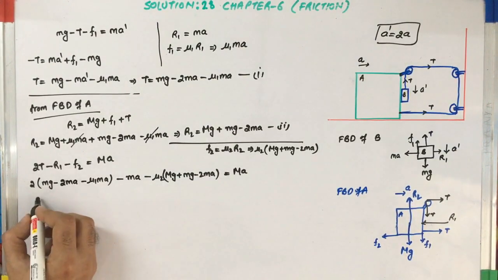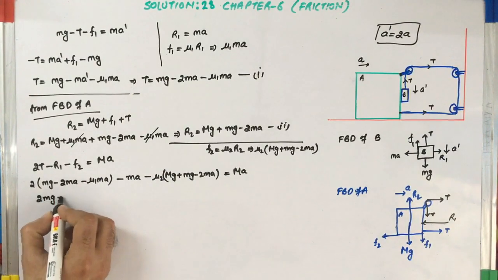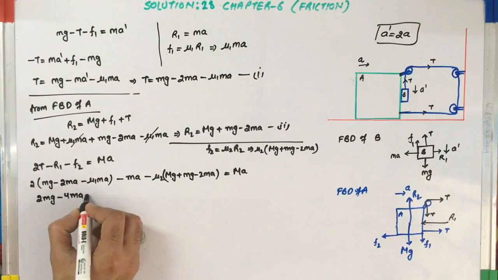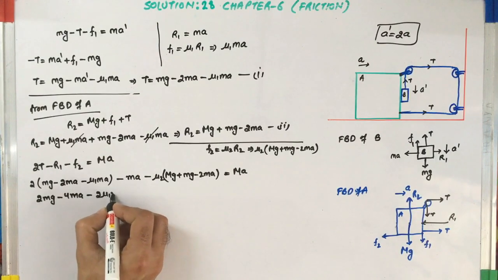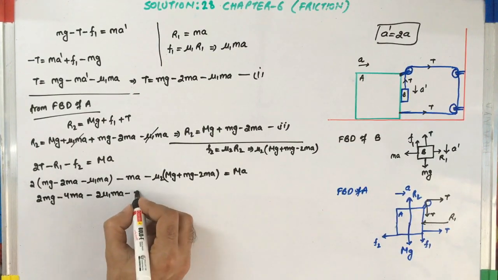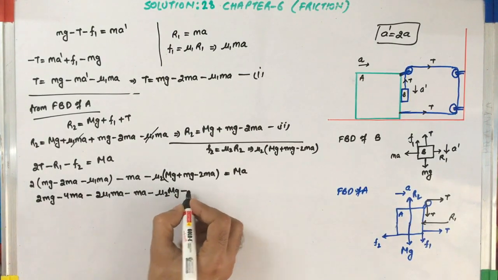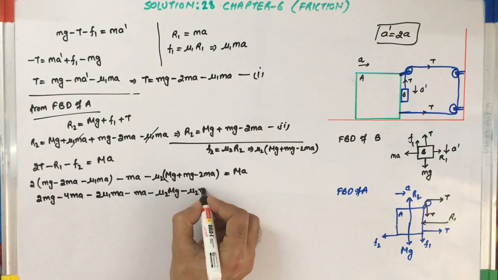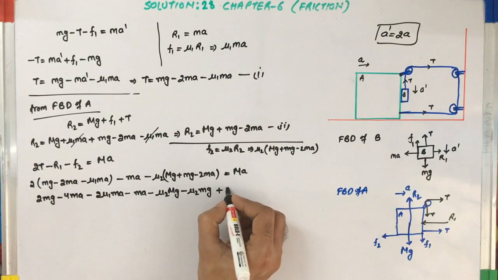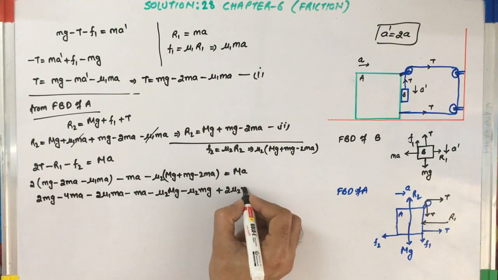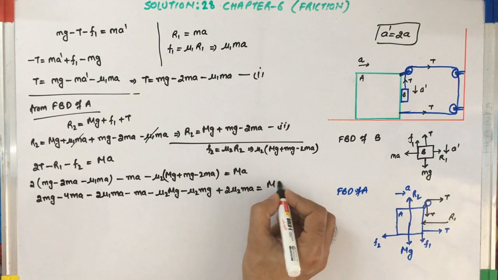Now further solving this will become 2mg minus 4ma minus 2 mu1 ma minus ma minus mu2 mg minus mu2 mg plus 2 mu2 ma is equal to m into a.